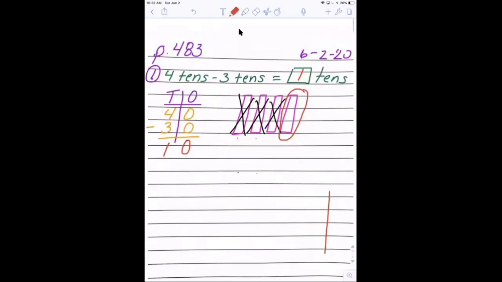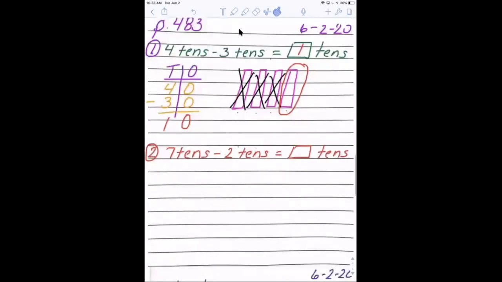Okay, I have 7 tens minus 2 tens equals blank tens. Now I have to rewrite the problem vertically. So I have to draw my T-chart.